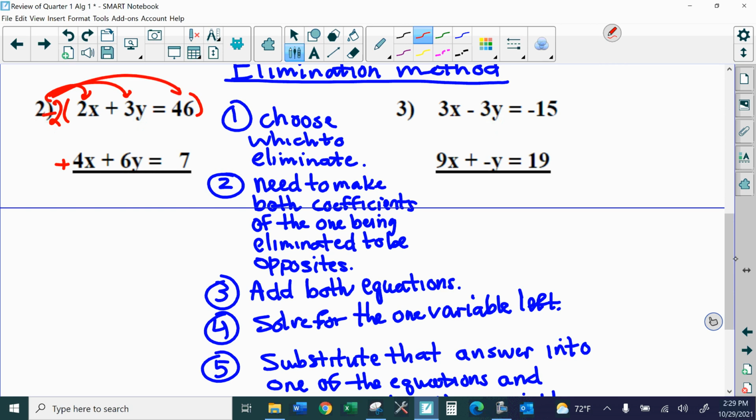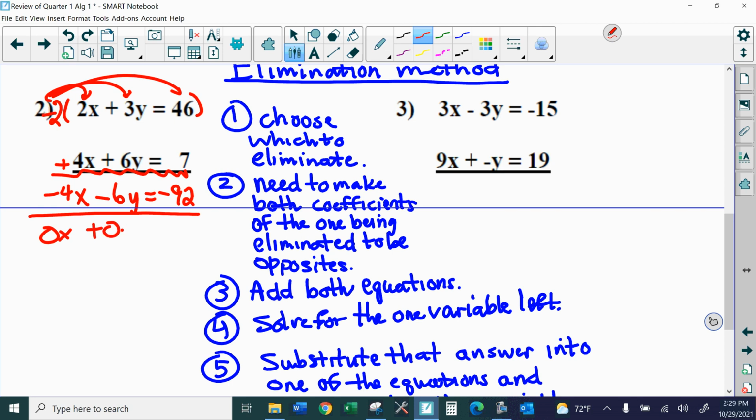So what you could do is go ahead and write it down here. I'm distributing, I get negative 4x, negative 6y, and negative 2 times negative 46 is negative 92.